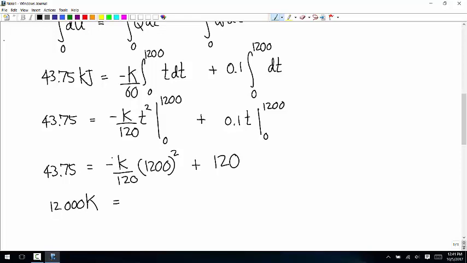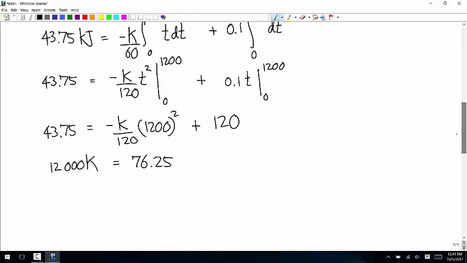What's that? 76.25? Yes! And so K is, I don't think I'm going to try this one. 0.006354.